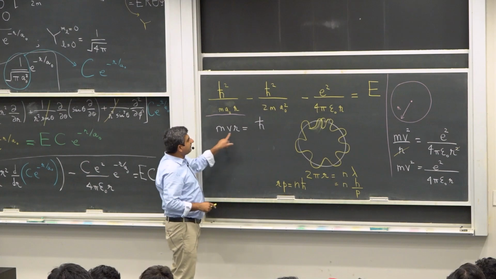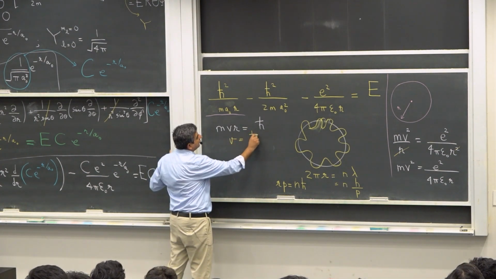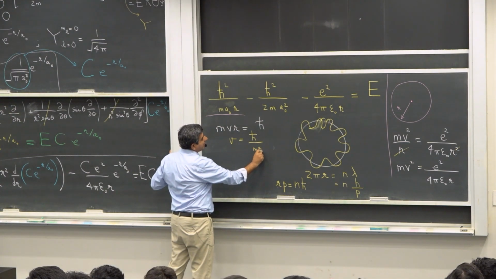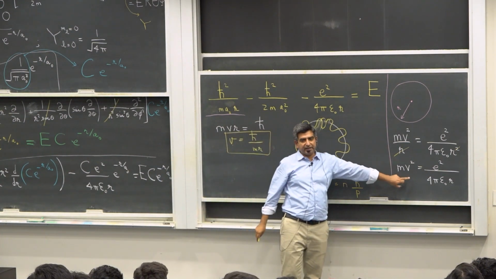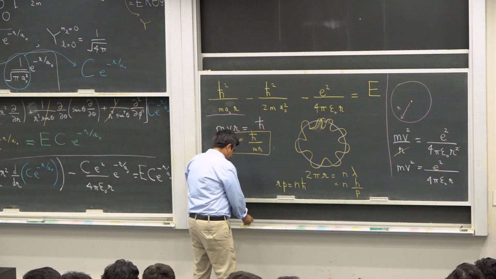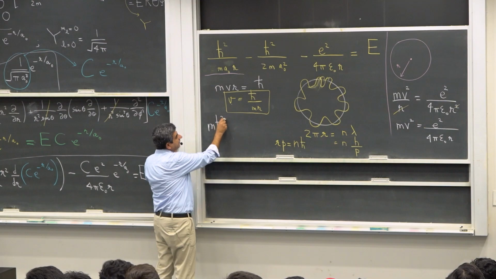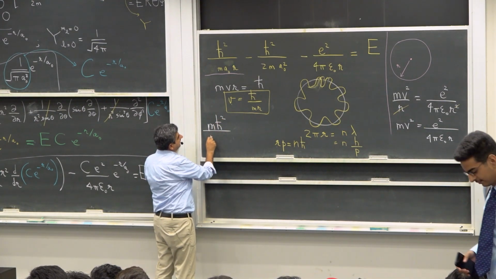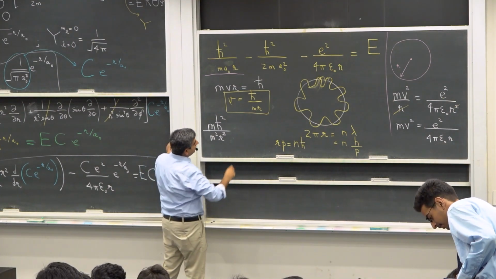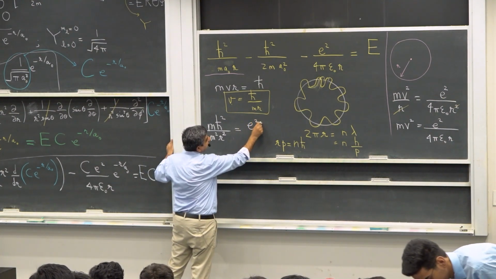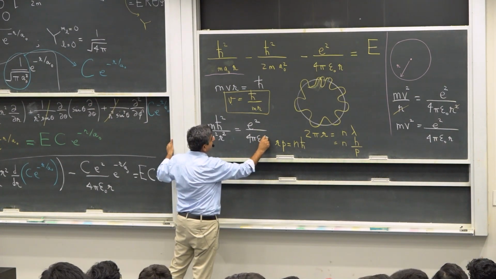Anyway, mvr equals h bar, which means v equals h bar over mr. Now take this value of the speed of the electron and put it in here. I get m h bar squared over m squared r squared, equals e squared over 4 pi epsilon naught r.